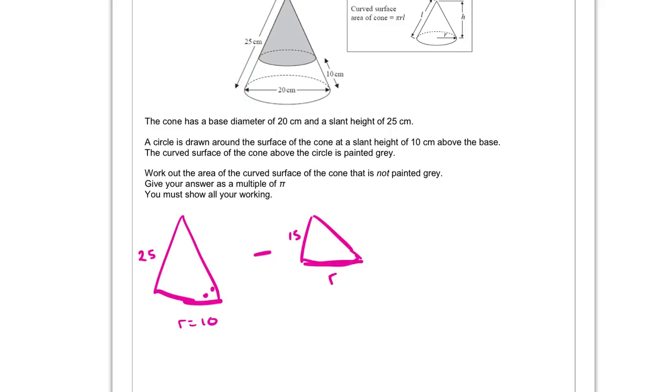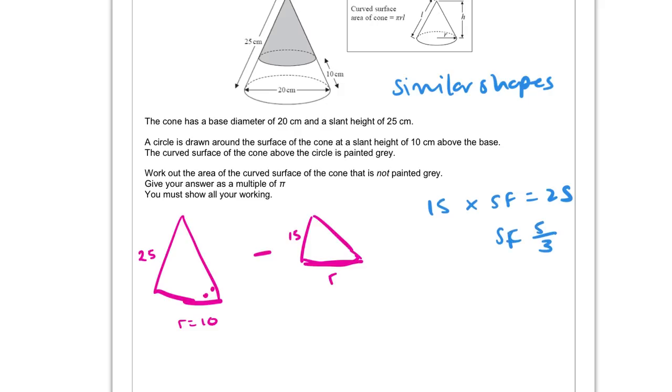No. However, before I move on, I have lengths here. And because we chop it off, technically, these are similar shapes. Okay, you can see how similar shapes are used quite often. So 15 multiplied by my scale factor is 25. So 25 divided by 15 is going to give me a scale factor of 5 over 3.